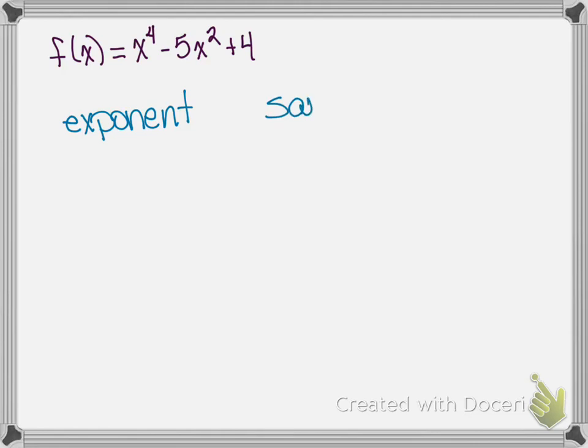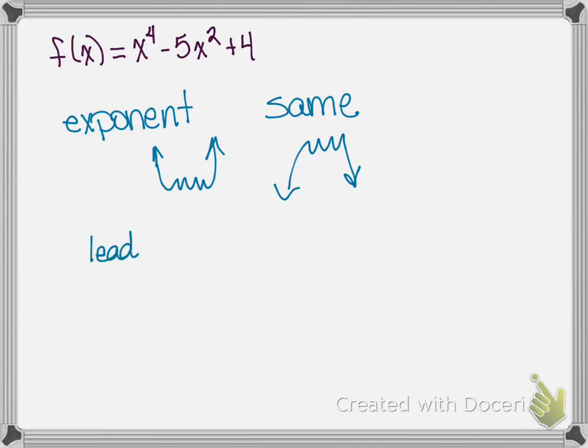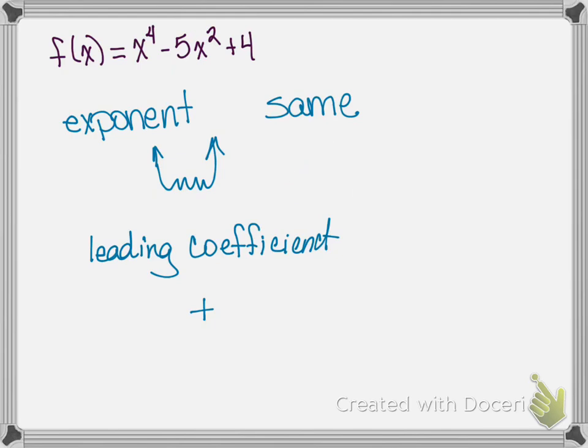Okay, and that's because of my 4. So they're either going both up or both down. Because of my leading coefficient, what does that tell me? They're both going up. And that is because my leading coefficient is positive. Okay, so this is not correct. The correct answer is this.